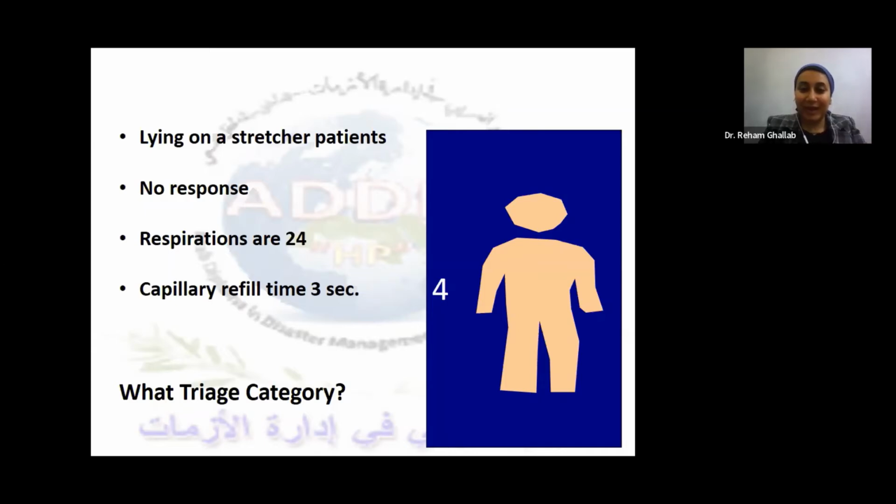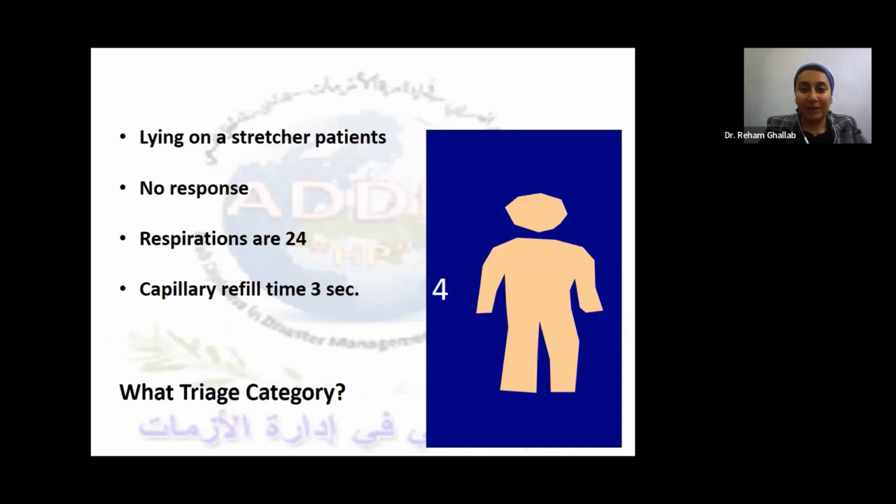What is the priority if the patient has capillary fill time more than 2 seconds? No one has the answer?